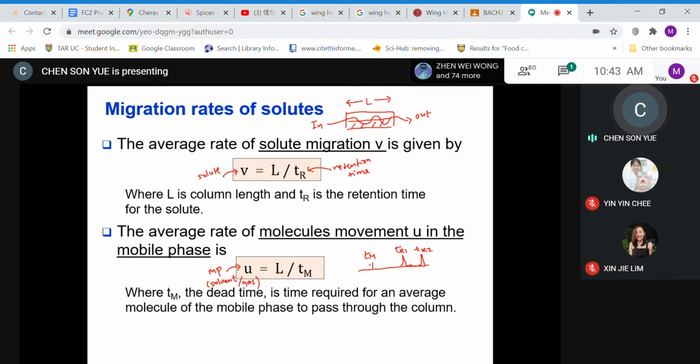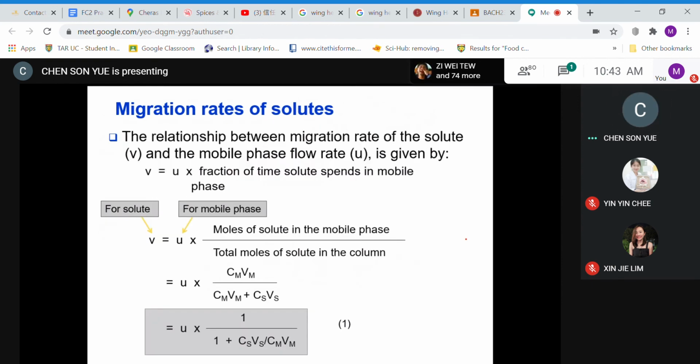Now we move on to see the other slide. If you want to relate the sample speed and the mobile phase speed, you can use this relationship. Actually, V and U can be related by the fraction of time the sample spent in the mobile phase.